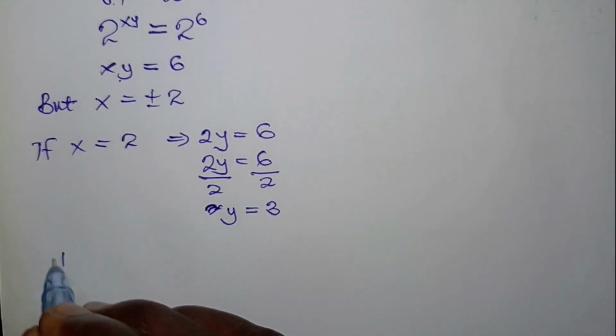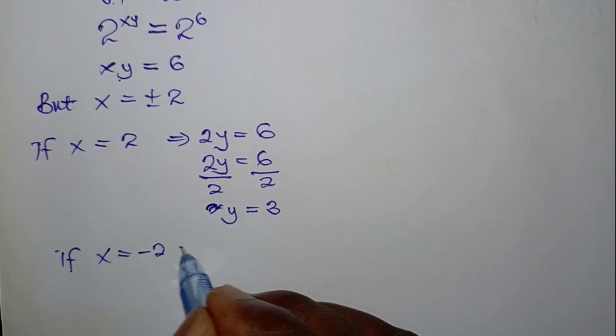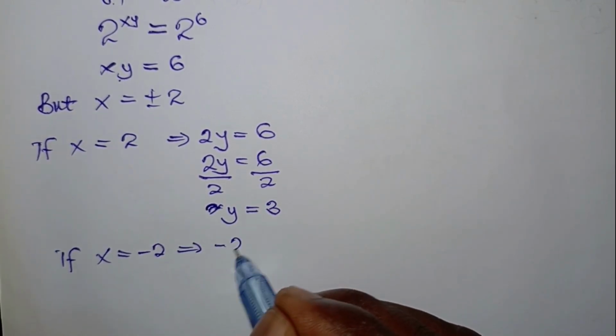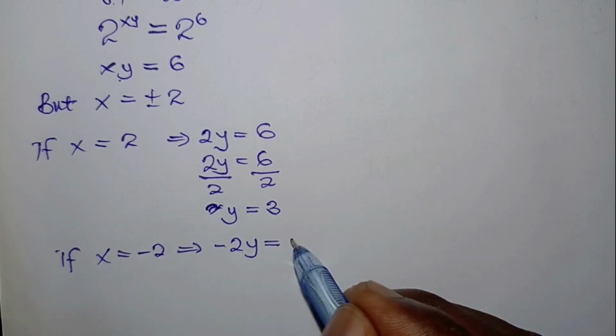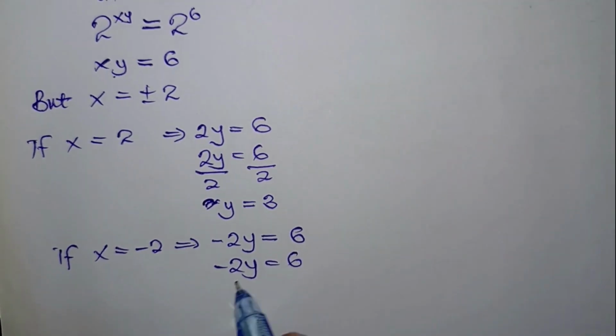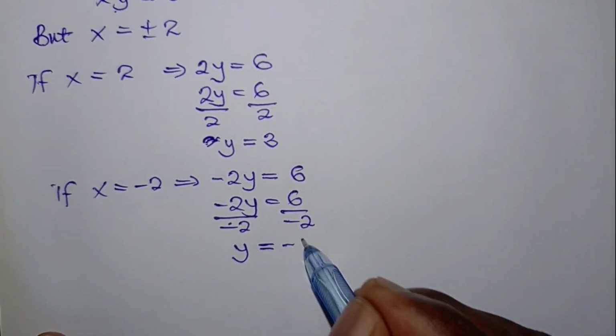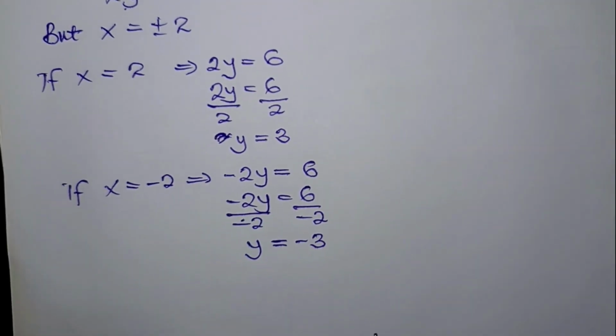Now we come to the second scenario. If x is equal to minus 2, it implies we have minus 2y equals 6. We divide both sides by minus 2. So we get y equals minus 3.